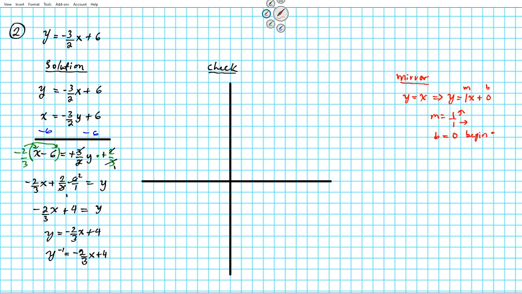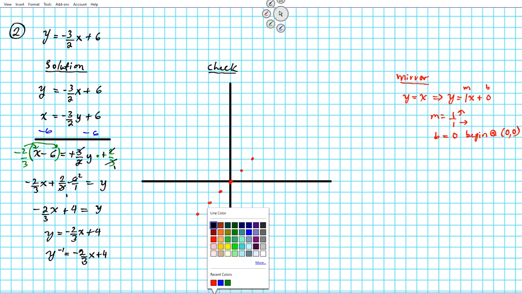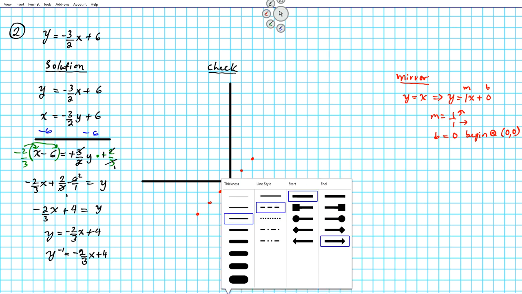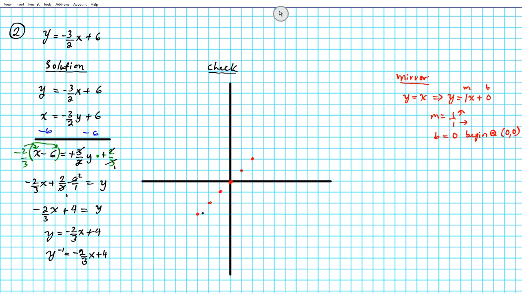Just go down the diagonal, like that. We're going to draw that line as a dotted line. Let's make it red and skinnier.